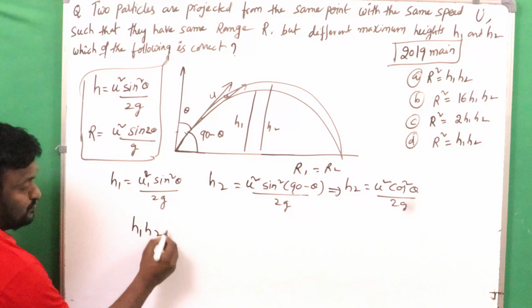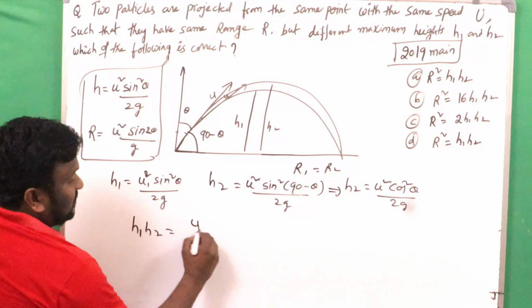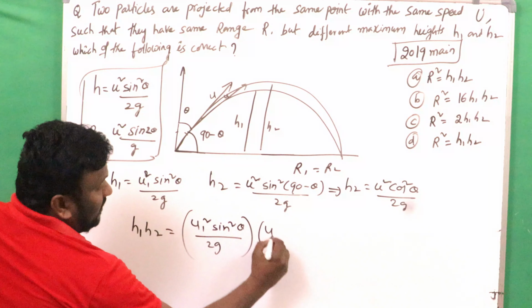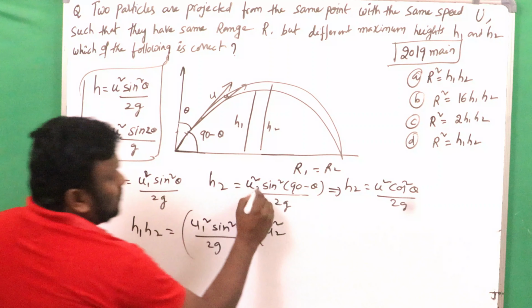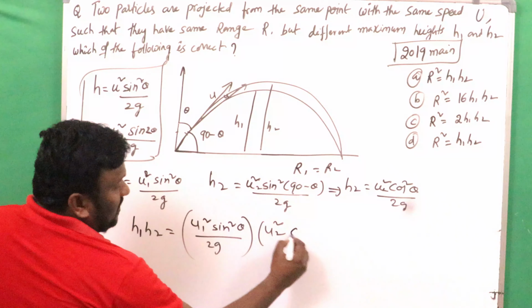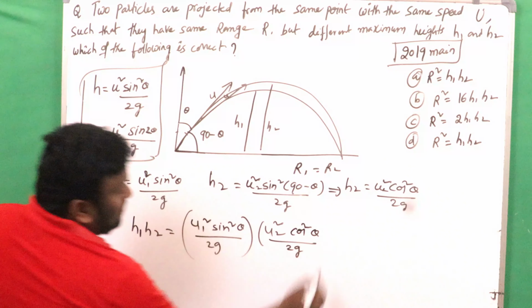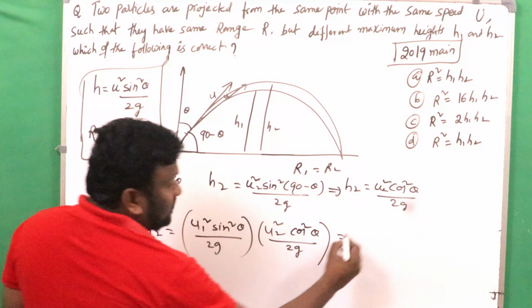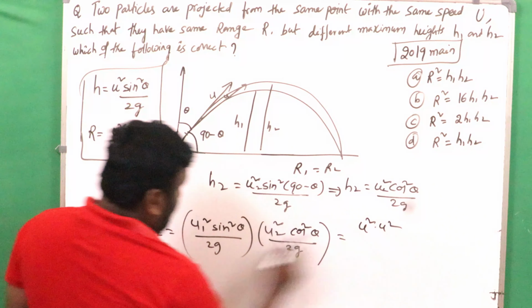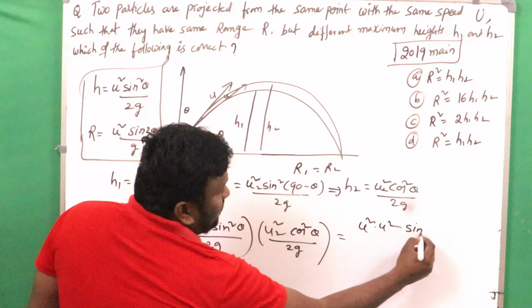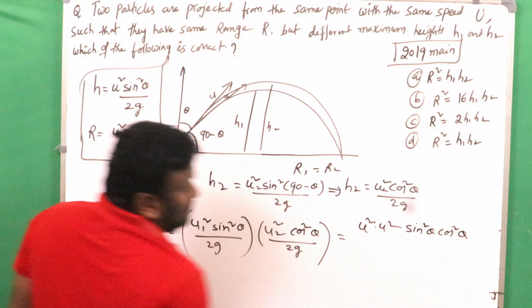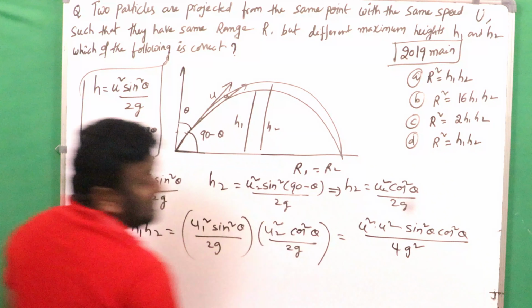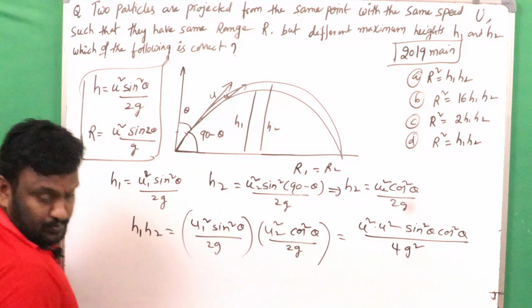Now I am going to multiply h1 and h2. Then it is u square sine square theta by 2g times u square cos square theta by 2g. Both have the same initial velocity, so u square into u square is u to the power of 4.